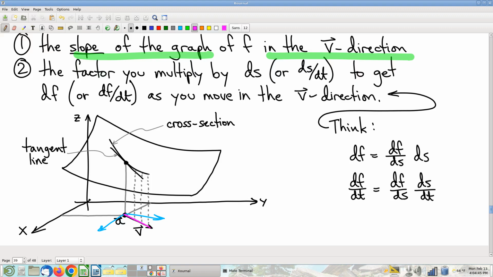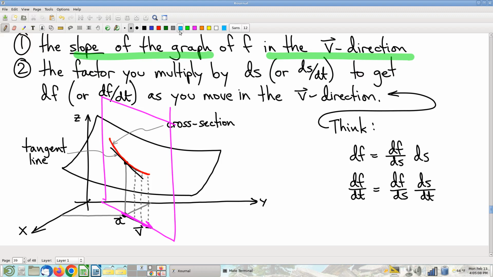in this direction, v being a unit vector, I can talk about this plane, this vertical plane. I can take a cross section in that plane. That gives me a curve like this.